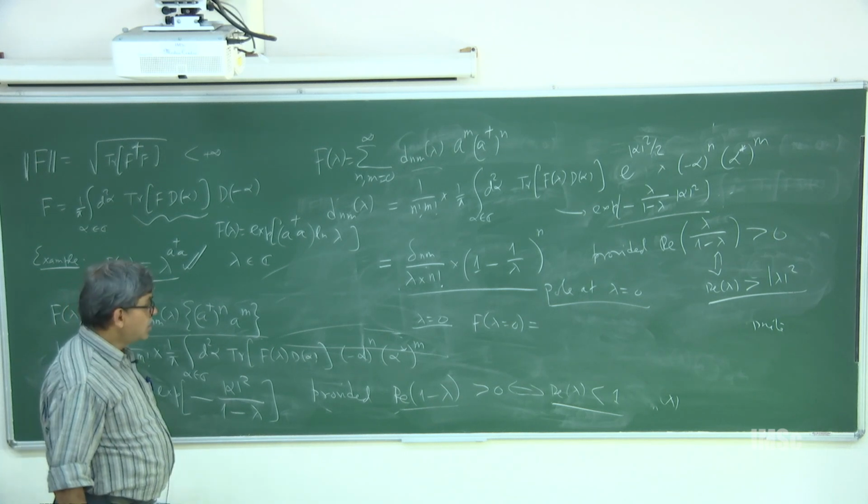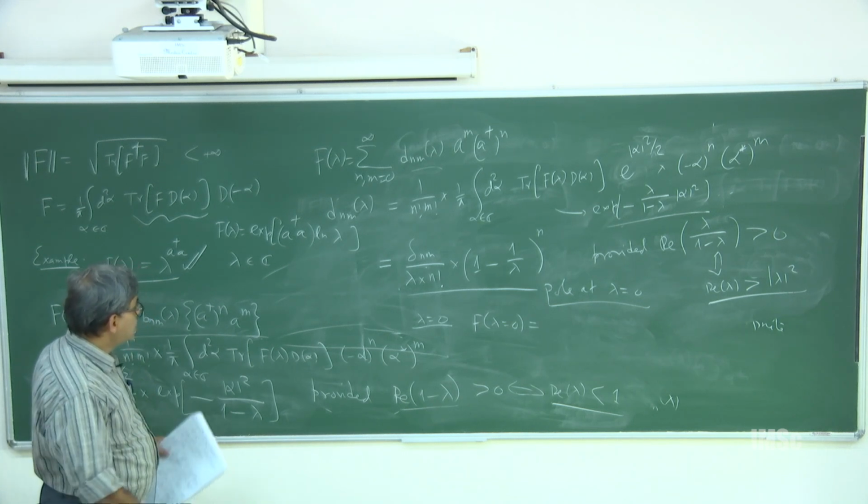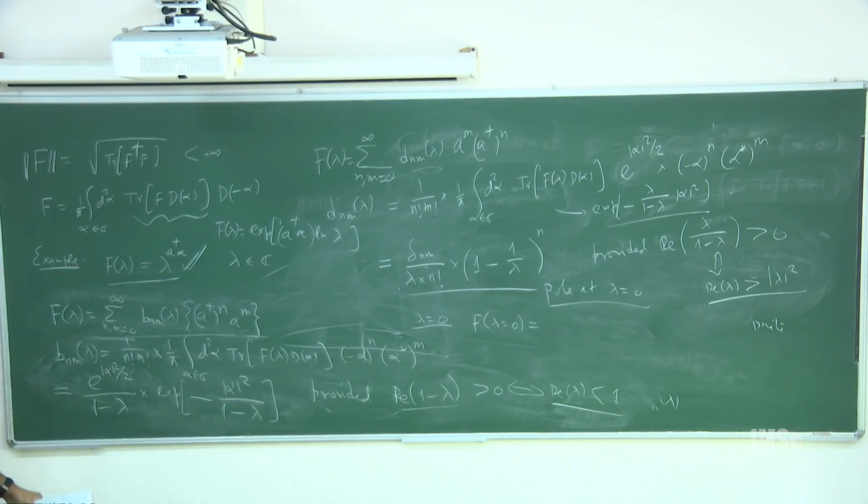It's not identity. The thing is lambda to the power a dagger a, lambda to the power number operator.